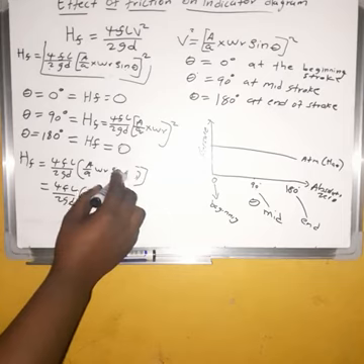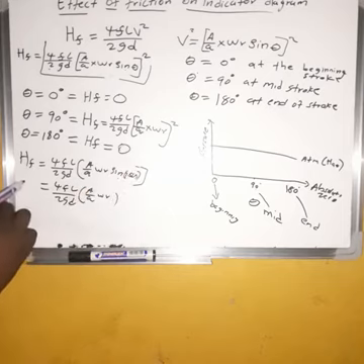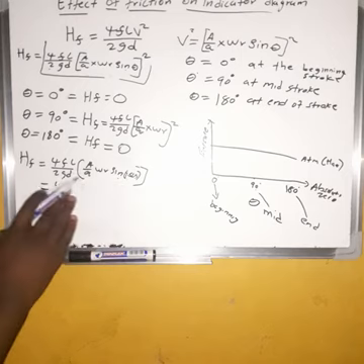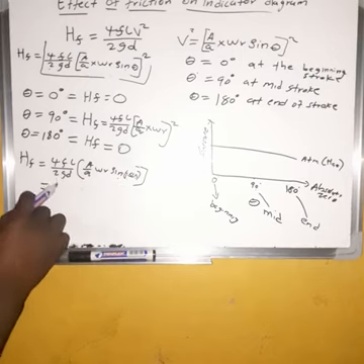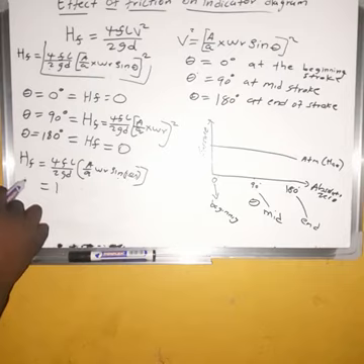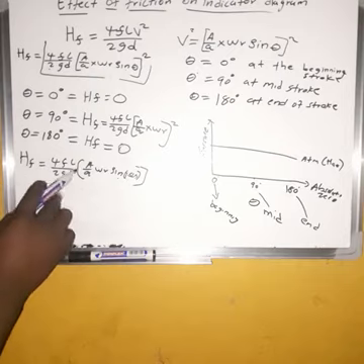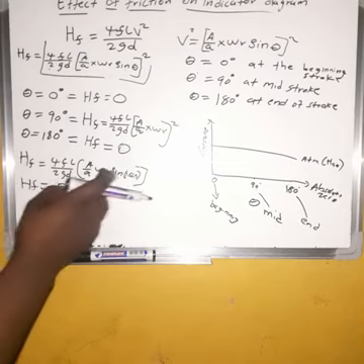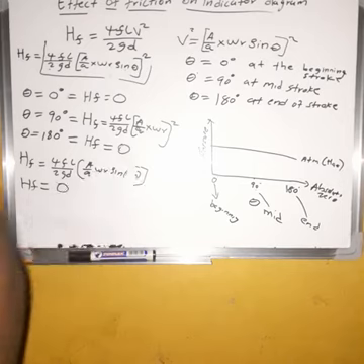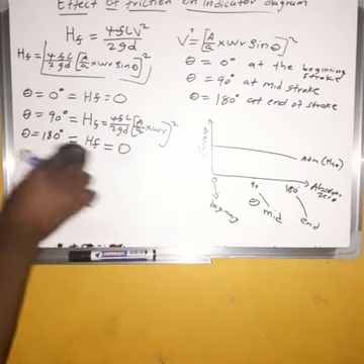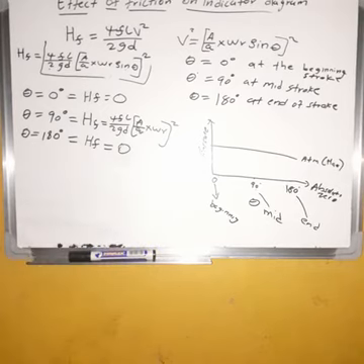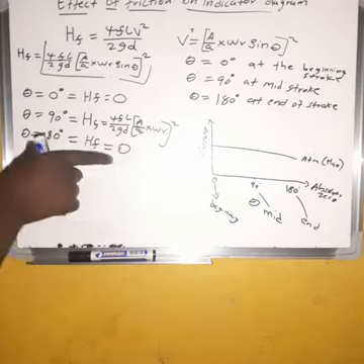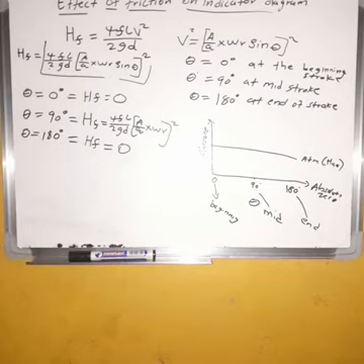When you replace 180 here, then our h of x will be 0. When it is 180 degrees, h of x will be equal to 0. Hope you understand this.